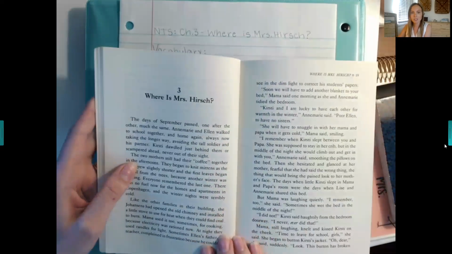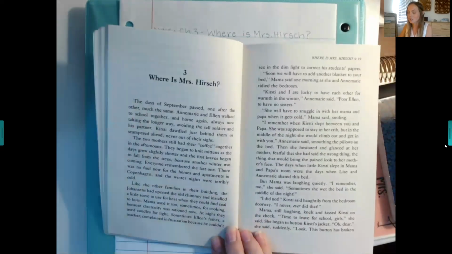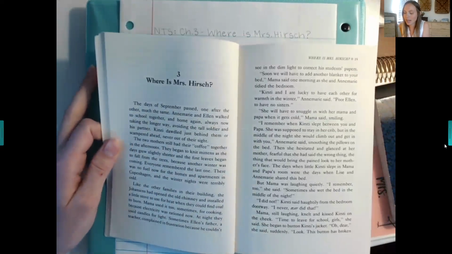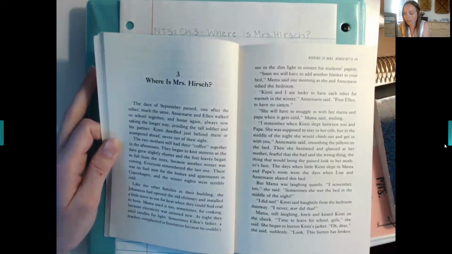So again, this chapter is called Where is Mrs. Hirsch? The days of September passed, one after the other, much the same. Anne-Marie and Ellen walked to school together and home again, always now taking the longer way, avoiding the tall soldier and his partner.